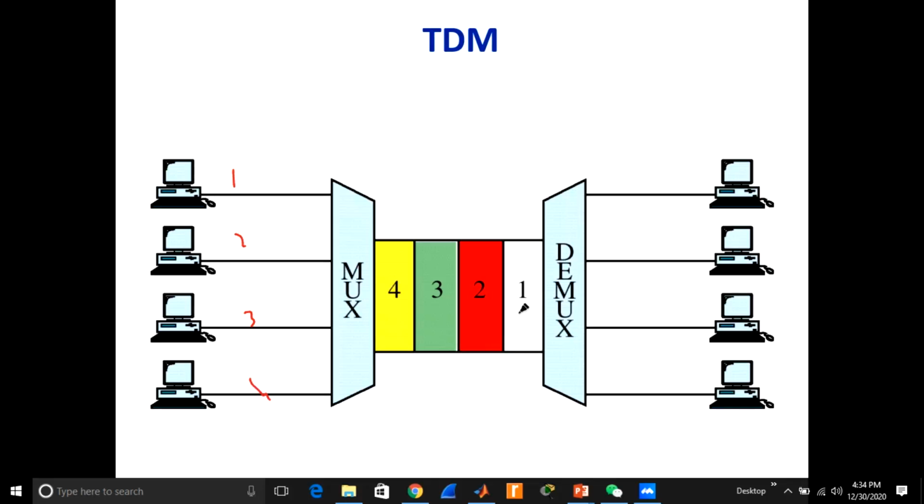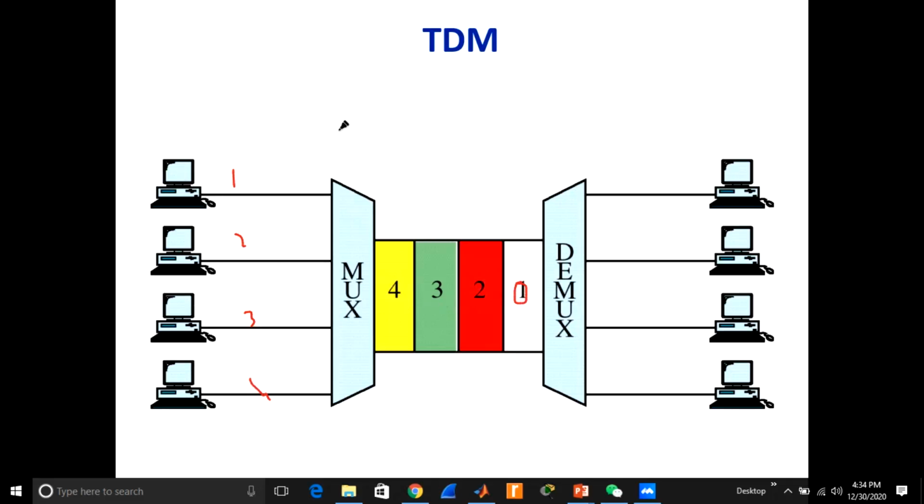For example, this is time slot 1. It means that when there is time slot 1, devices 2, 3, and 4 will not send data. Only device 1 will send data. And when there is the second time slot, device 2 will send data, and then 3 and 4.